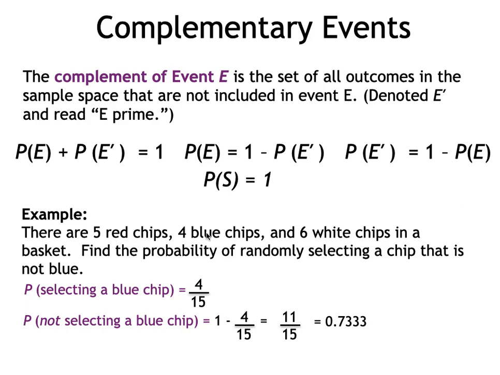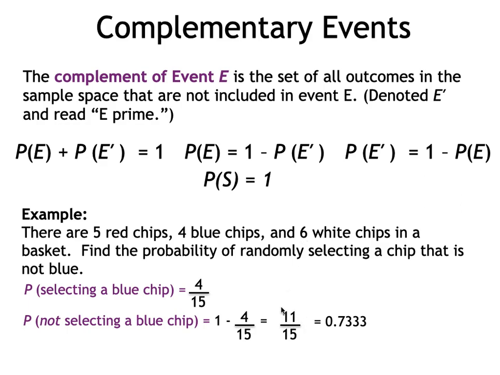Or another way of looking at the problem: the colors of the chips inside the basket are red, blue, and white. By common sense, if you are asked for the probability of selecting a chip that is not blue, then you may possibly select red or white chips. The total number of red and white chips in the basket would be 5 plus 6 is equal to 11.